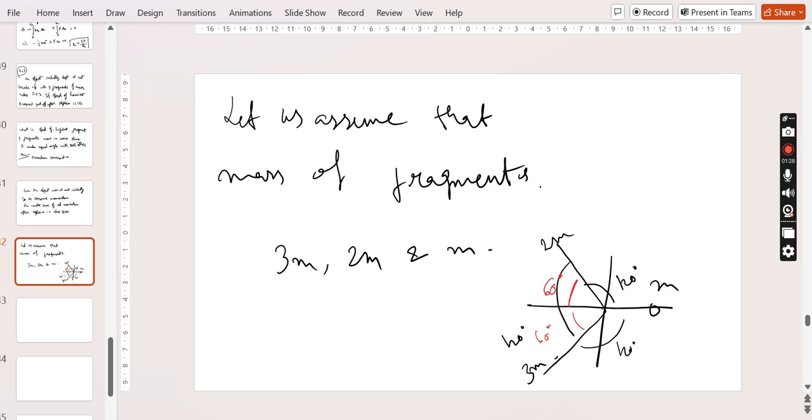So all the components we need to break in x and y directions. In the x direction, the 2m and 3m fragments are going in the negative x direction. This is v1, this is v2, this is v3.